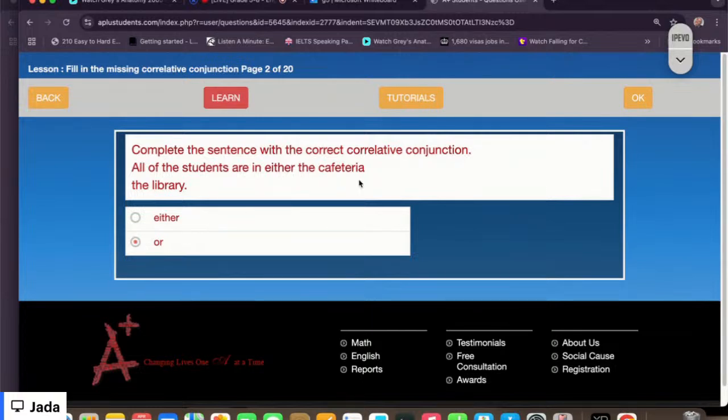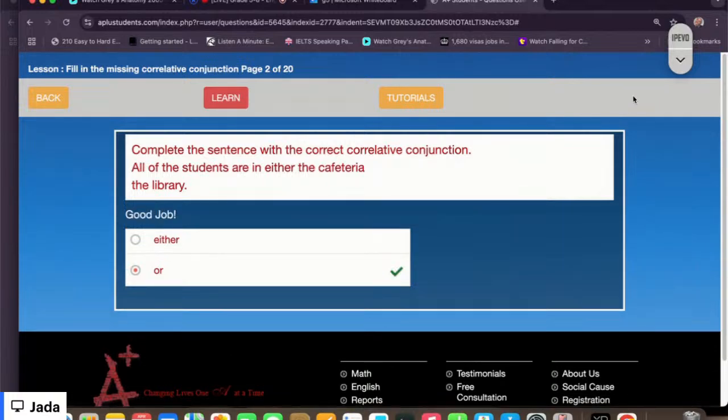So all of the students are either in the cafeteria or the library. Okay.